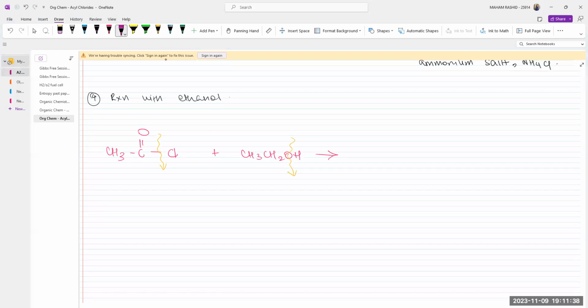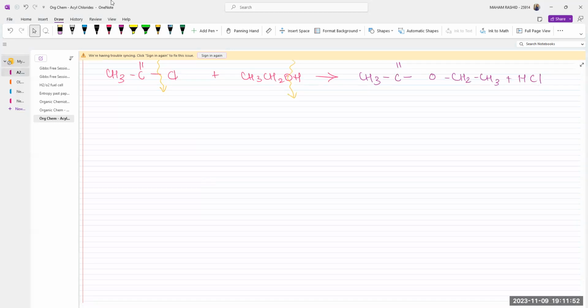Okay. Now for the mechanism. The acyl chloride is here. Then we have our ethanol.